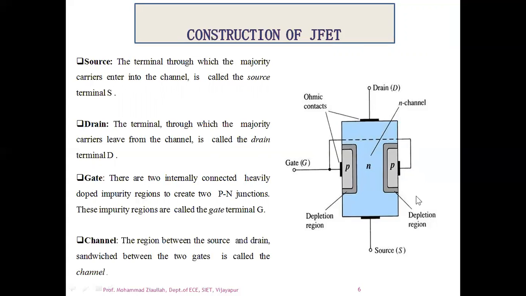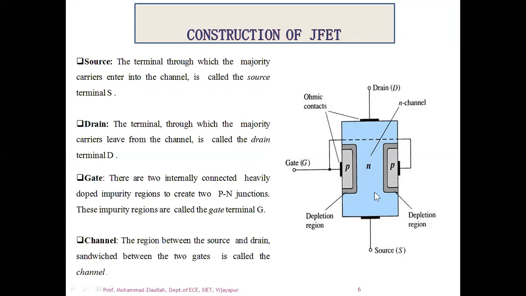In this particular figure, the three terminals of JFET are drain, gate and source. This FET also has ohmic contacts, which we can see here at the gate terminal, source and drain. It also has a channel.